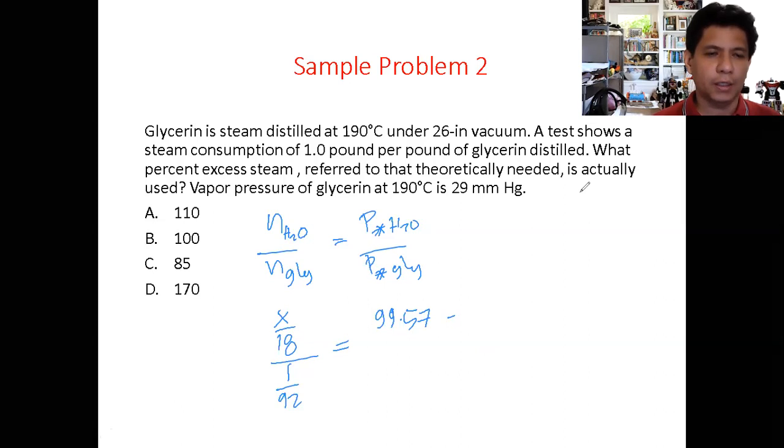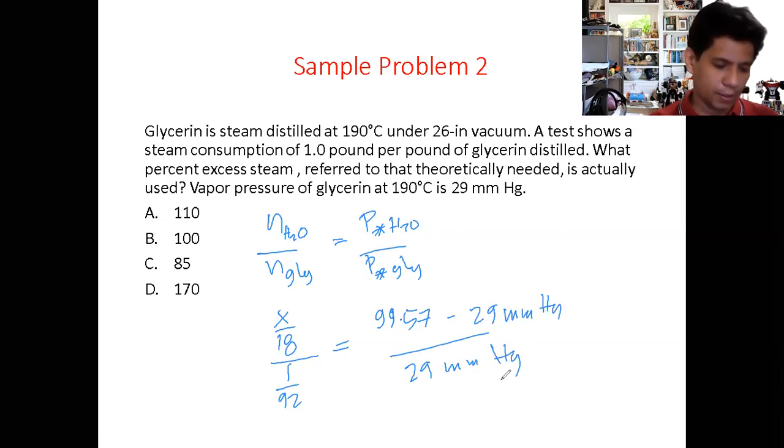99.57, that's the total pressure, minus the vapor pressure of glycerin, 29 millimeter mercury, divided by the vapor pressure of glycerin, 29 millimeter mercury.